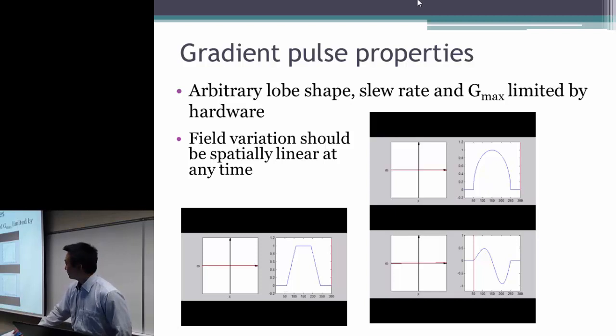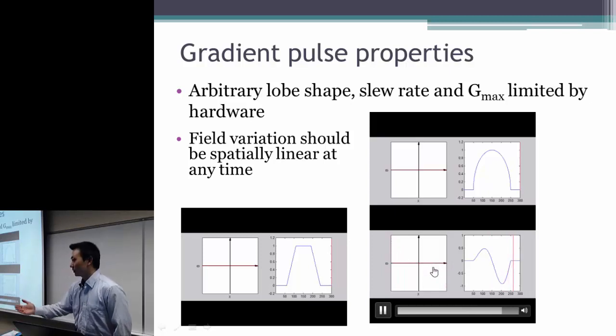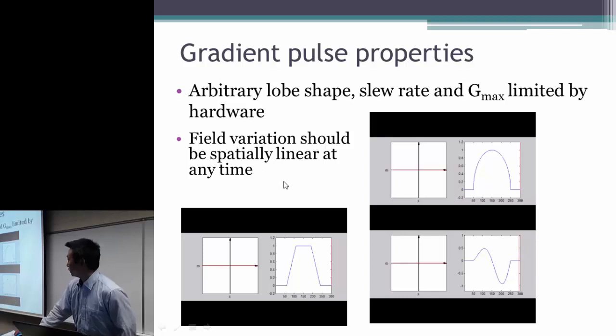And also we can see that the positive part of the gradient and the negative part of the gradient correspond to a different sign of the slew rate, the slope.